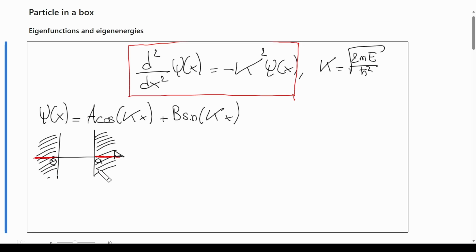And in particular, we expect the wave function to be continuous at the points 0 and a. So this gives us the following boundary conditions. Psi(0) will be equal to psi(a) will be equal to 0.